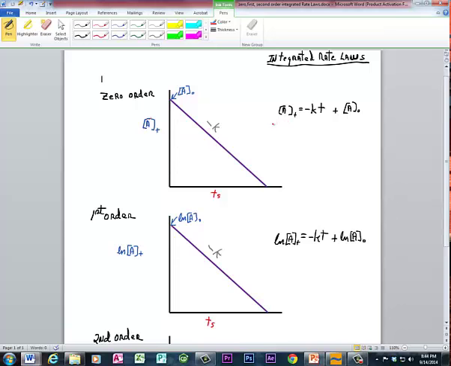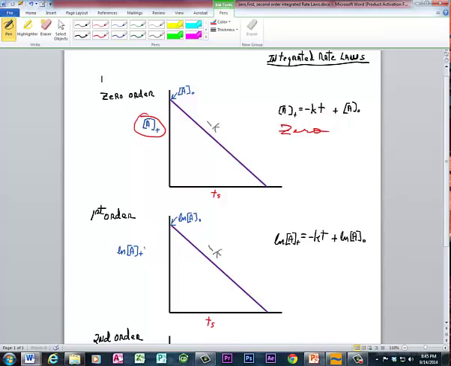What that means is that even though that reactant has to be present for the reaction to take place, for it to go forward, changing the concentration of that reactant doesn't change the rate of the reaction. That's why we can simply plot the concentration of the reactant at time t versus time and get a straight line. For a zero order reaction, it is A at time t equals minus kt plus A naught.